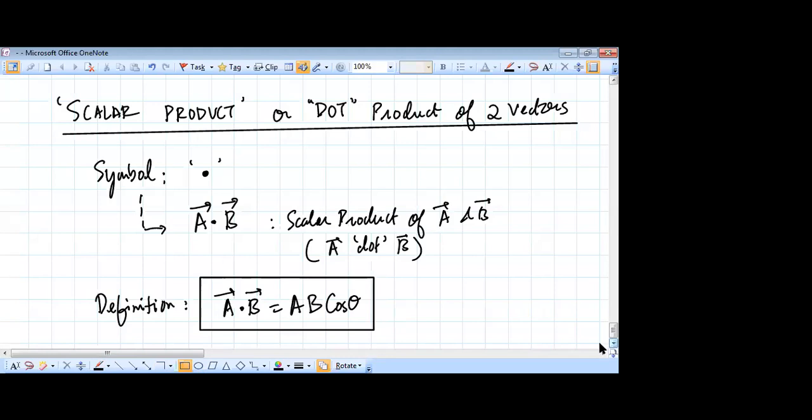But definition क्या होता है, या हम कैसे calculate करते हैं A dot B, वो ये formula से calculate करते हैं. That it is just magnitude of vector A multiplied by magnitude of vector B multiplied by cos of the angle between them. So theta क्या है? It is the angle between vectors A and B.